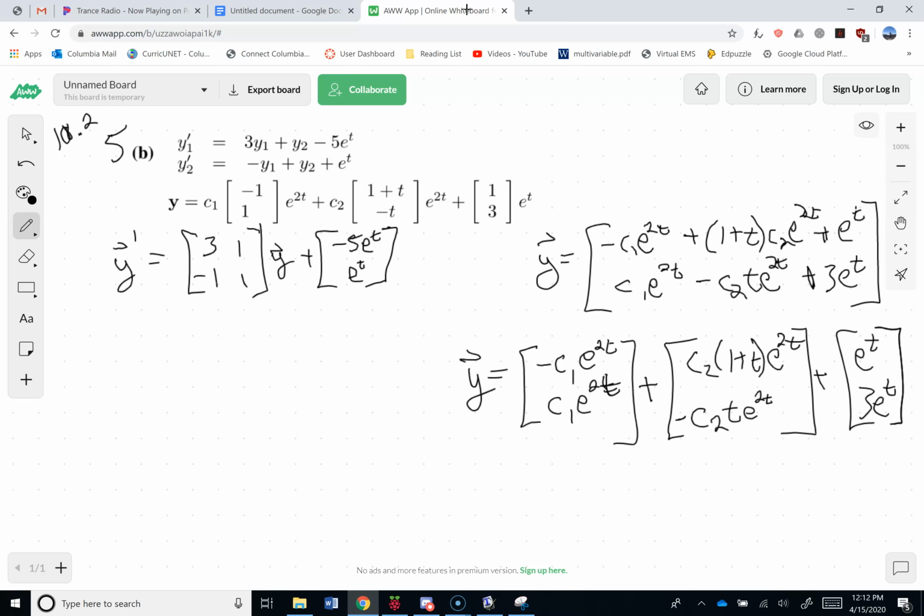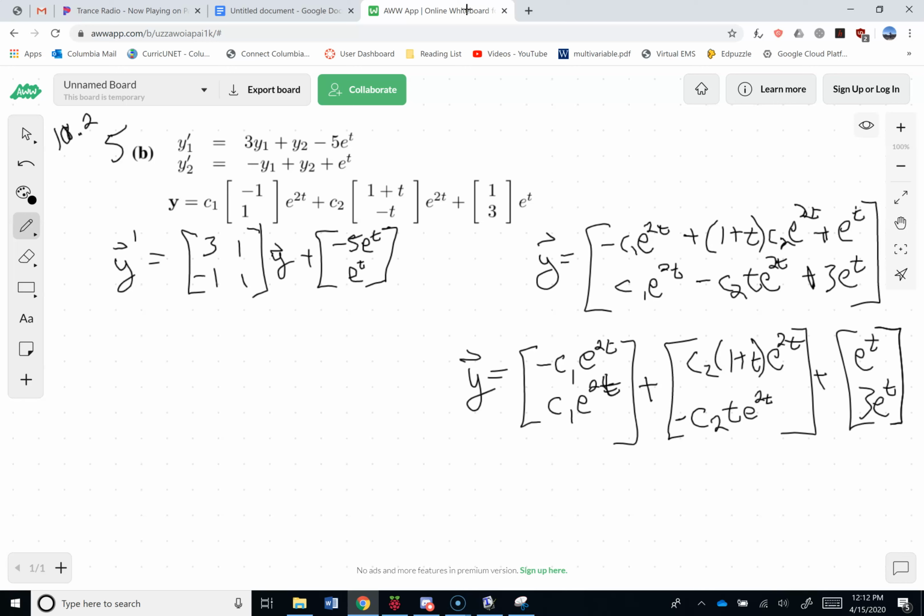Yeah, I understand, but I guess that won't really have an effect when you're multiplying out, right? The A matrix times y. Oh, yeah, this is the whole proposal for y, right? They've told me that y is all of these things.